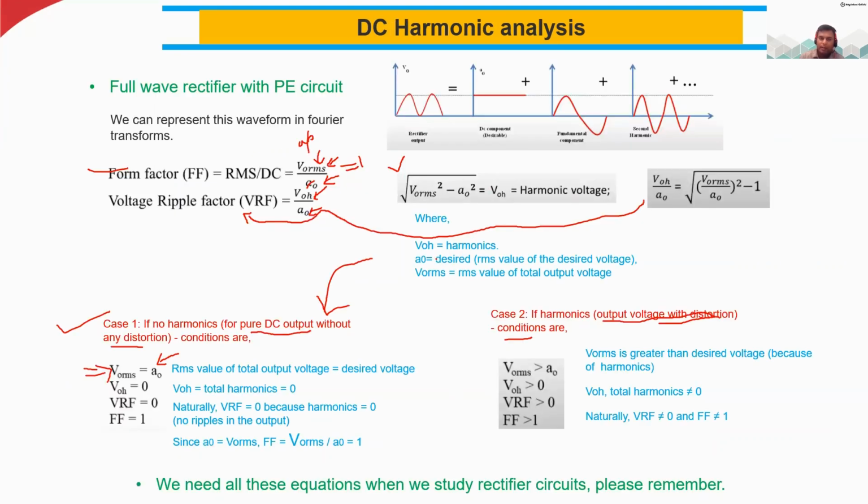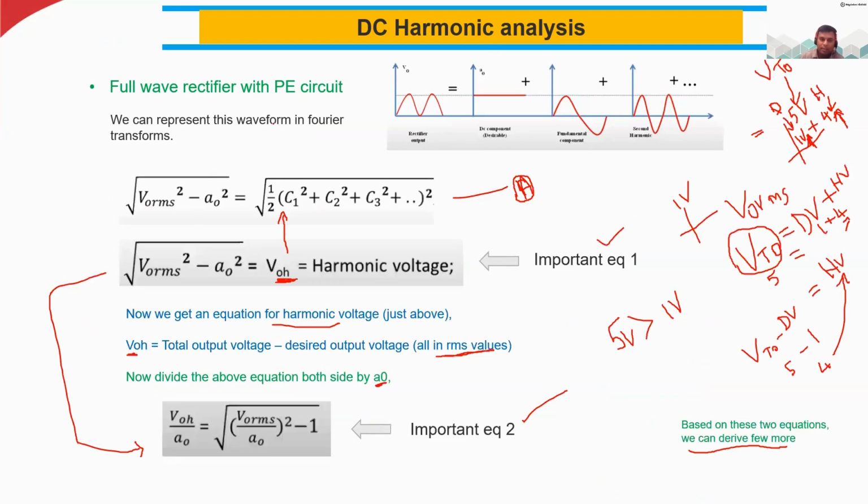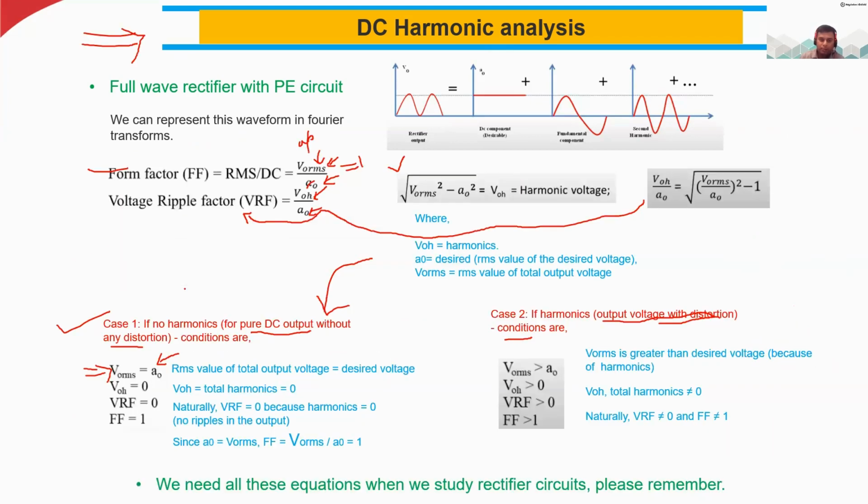So that's all about DC harmonic analysis. What we had done in the DC harmonic analysis, here we did not really find a solution for how we can avoid the harmonics. Here we are only doing mathematical analysis. We represented the waveform in terms of Fourier series, and we found the total RMS output voltage.